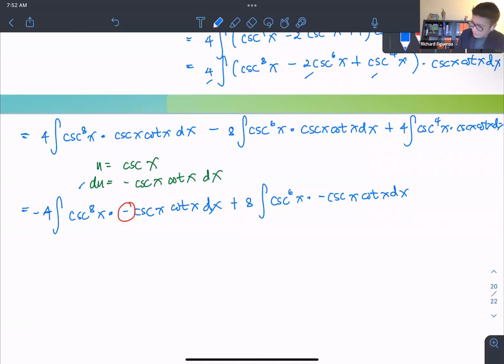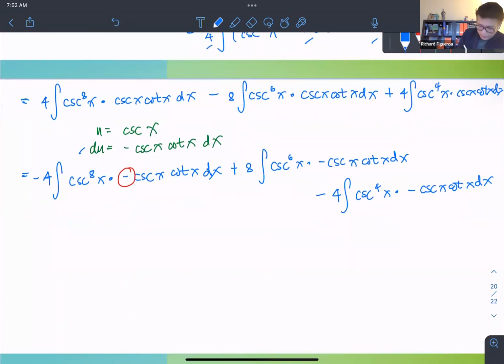And then lastly, so we have 4 integral of cosecant to the 4th x, so multiplied with negative cosecant x cotangent x dx. So sobra siya ng negative, so we neutralize it by negative 4.